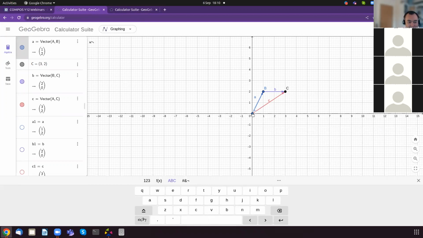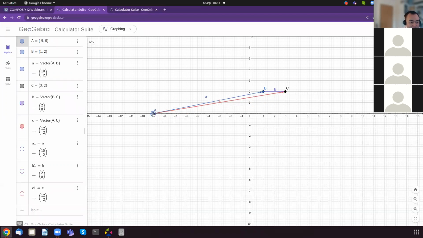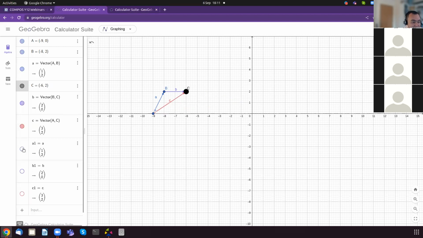Now, let's have a look at the same thing, but from the point of view of the parallelogram rule. The triangle rule we can see. Now we just add the vectors. You can see A1 is the same as vector A, B1 is the same as vector B, and C1 is the same as vector C. Let's see what happens, and you can see that clearly these vectors make a parallelogram, and this is a diagonal of that parallelogram.